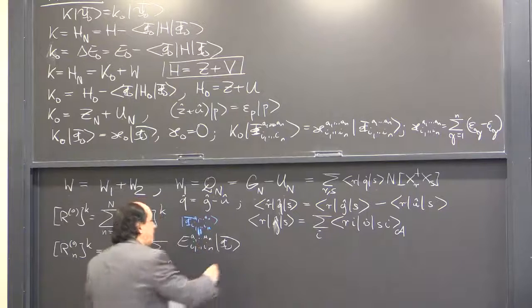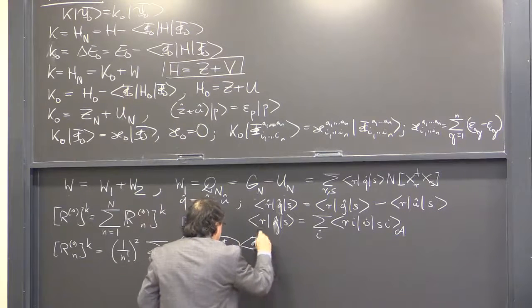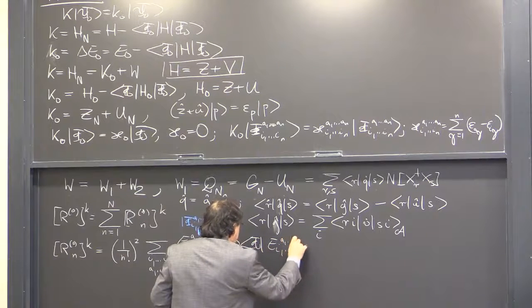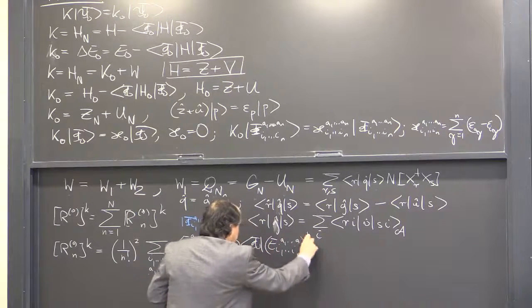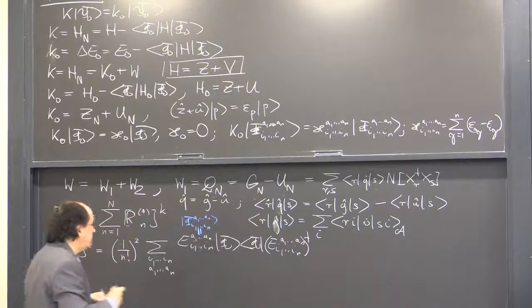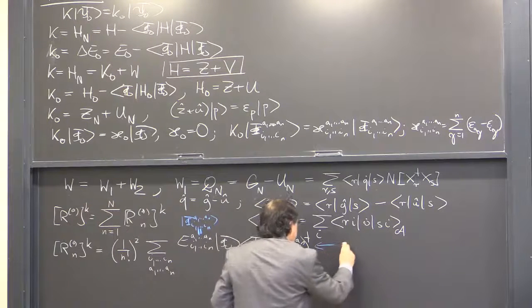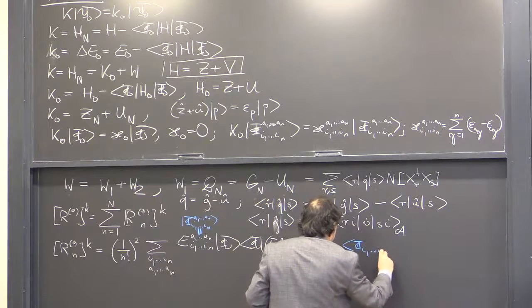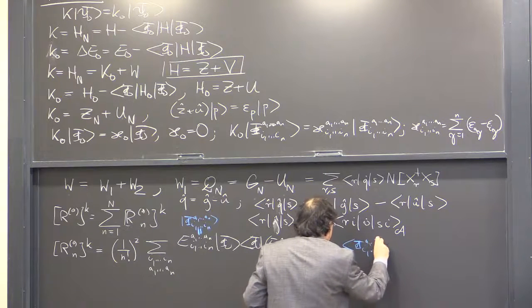Then we have phi 0 and the de-excitation operator, that is, we have to take the adjoint form of E with i's and a's, which is of course the bra determinant I1 through IN, A1 through AN.